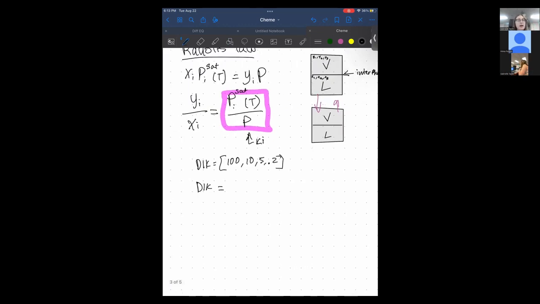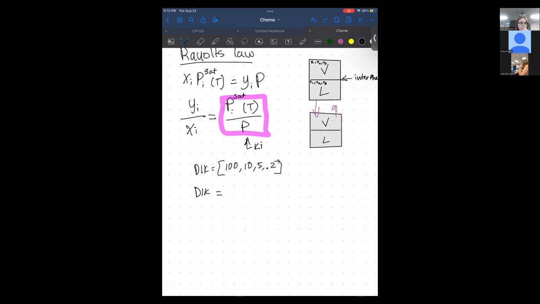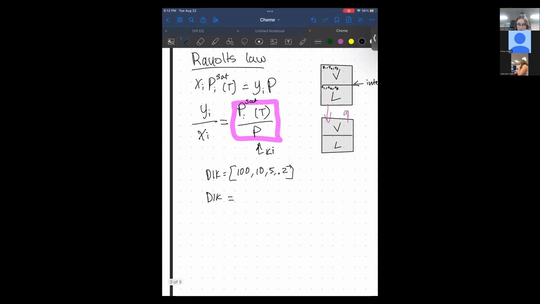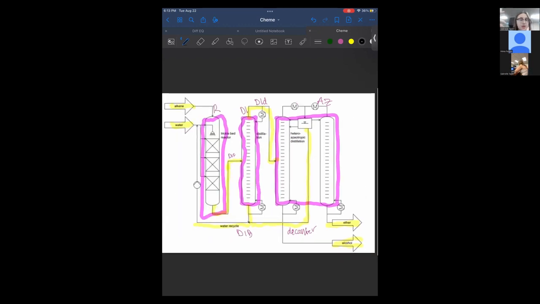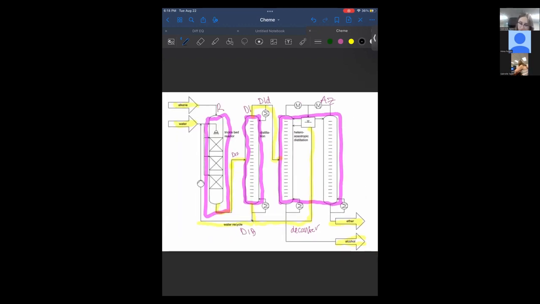So our vapor of the distillation chamber is going to be the distillate, right? The distillate of our distillation chamber, that's going to be our vapor. If we go back over here, we can see that we have our backflow of water.